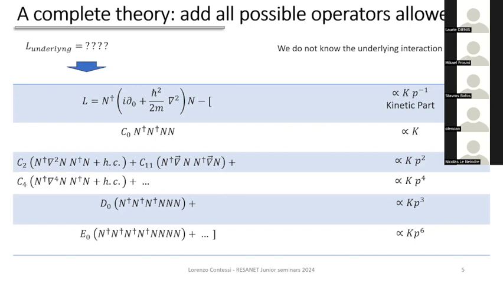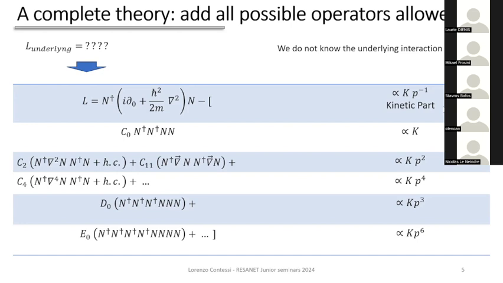In this case, you try to expand it in a Taylor series in the momentum of your particles. You do this because you try to describe the low energy behavior, the low momentum behavior, of your systems. So you think that this momentum expansion will converge, and higher orders, so higher powers of the momentum, will be smaller and contribute less than low powers of the momentum.